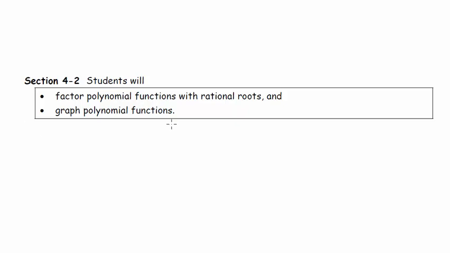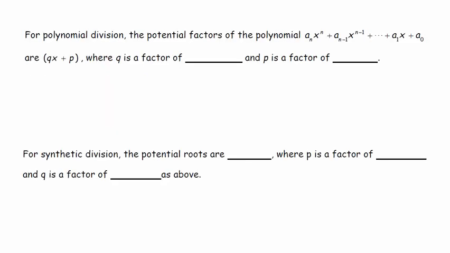This is not significantly different than what we did with cubic functions in section 4.1. As you will remember, with cubic functions, if we were going to do polynomial division, which most students do not prefer, we want to put the factor in the form qx plus p.